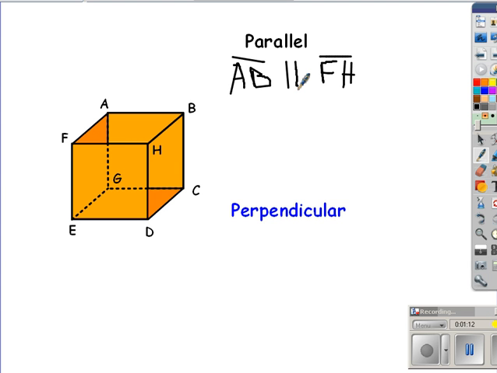There are a couple other line segments that AB is parallel to. AB ends up also being parallel to GC. So GC is going to be parallel to AB. And there's one more, ED ends up also being parallel to AB.